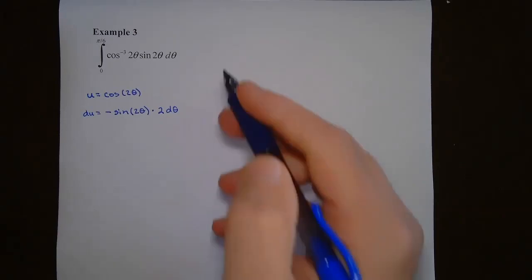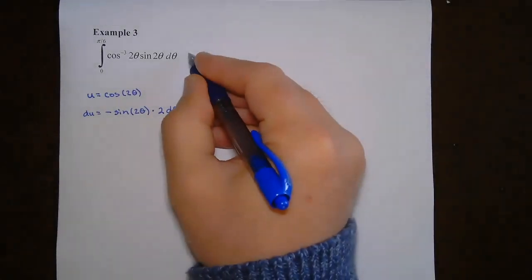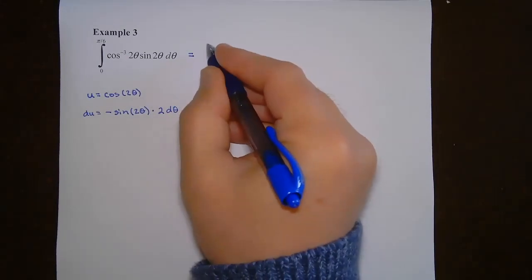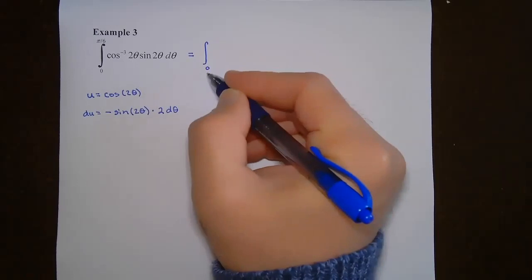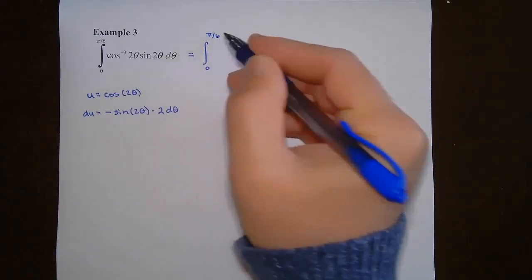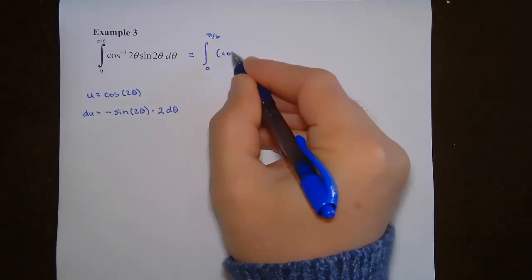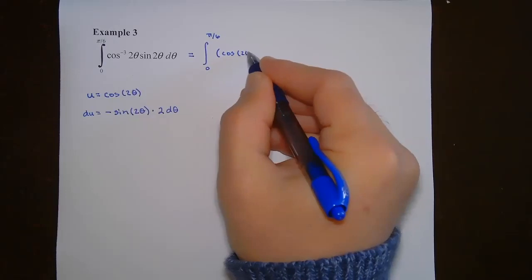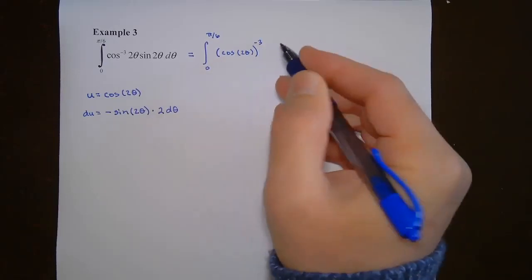All right. So now let's start rewriting this, okay? So this is equivalent to the integral from 0 to pi over 6. Okay, and I'm going to write this cosine of 2 theta, and I'm going to write it this way. So raised to the -3 power.